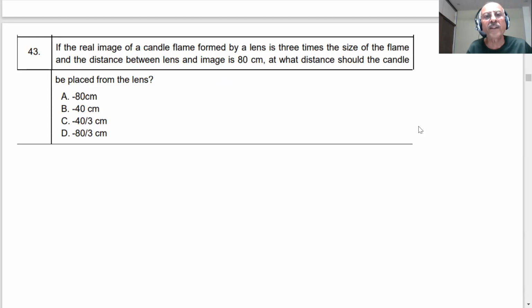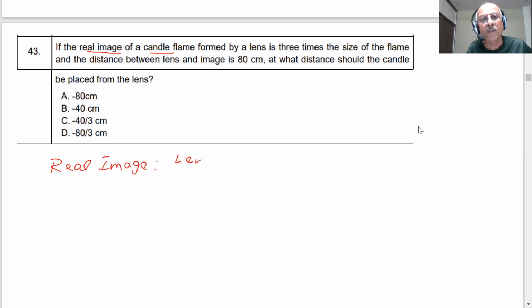First of all, read the question carefully. Real image of a candle flame. Real image, student. Tell me which lens forms a real image. You are aware that a concave lens always forms a virtual and erect image.